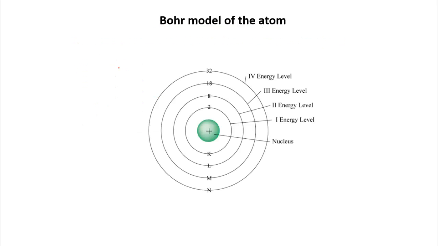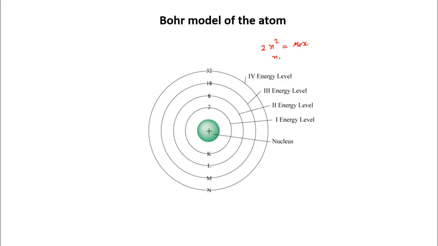And according to Bohr, we can calculate the number of electrons that can be present in the different energy levels by the formula 2n square. So from 2n square, you can calculate the maximum number of electrons that can be accommodated in a particular orbit.